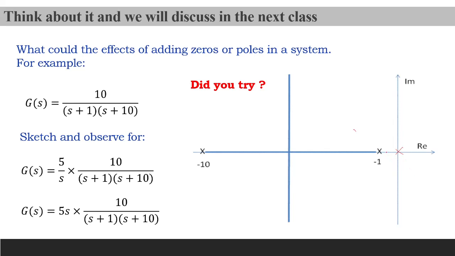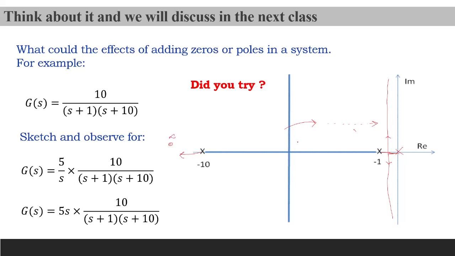And if I have this pole here, then there would be a straight line passing through both, and one branch of the root locus would be going upwards and one would be going downwards, like exactly this line would be moved to somewhere here, and this root would be going towards zero at infinity.